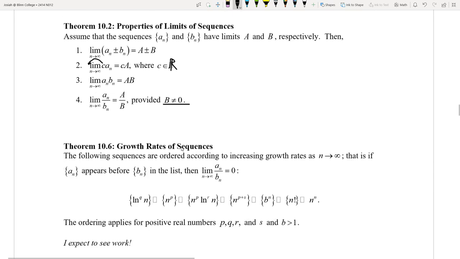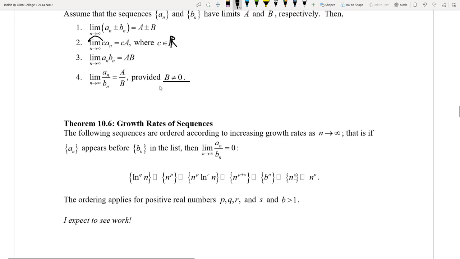We'll talk about growth rates as well. That's going to be important, especially in this kind of case. You should have talked about growth rates in Calc 1, specifically talking about limits going to infinity there, and L'Hopital's rule. So we have a similar kind of thing going on here.